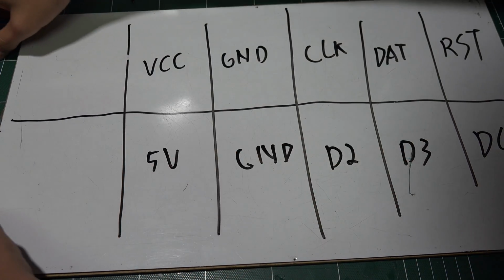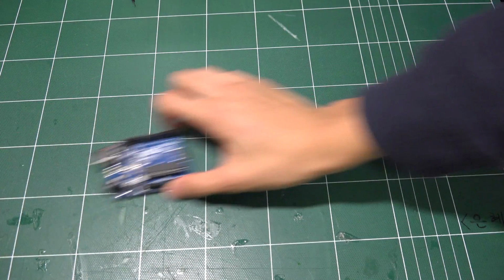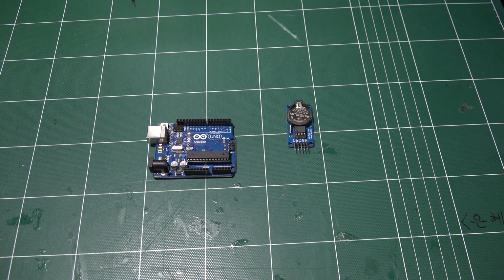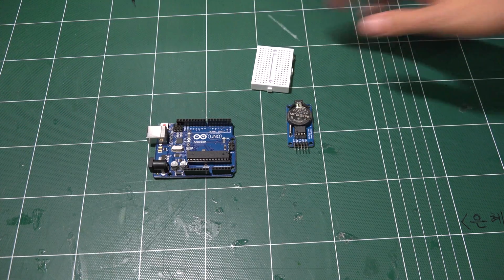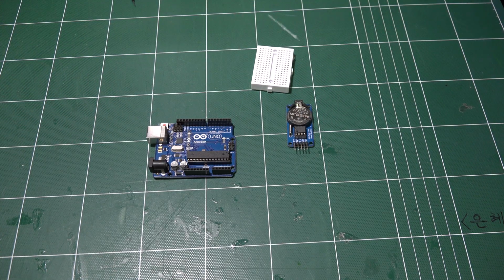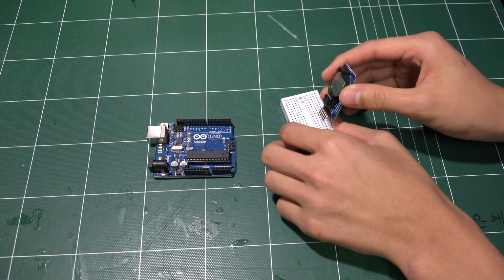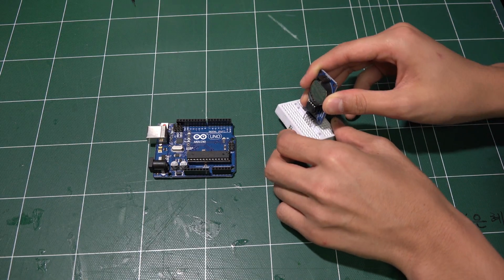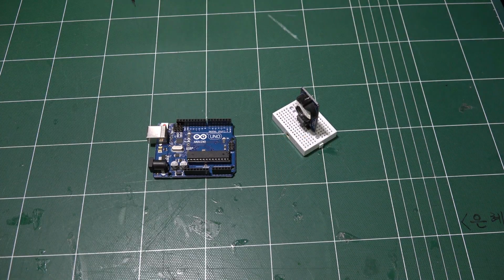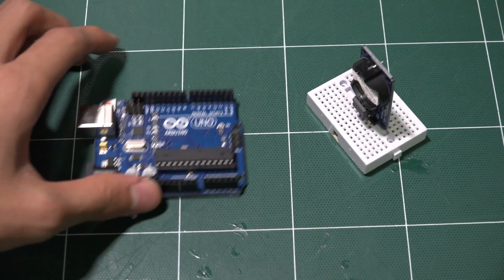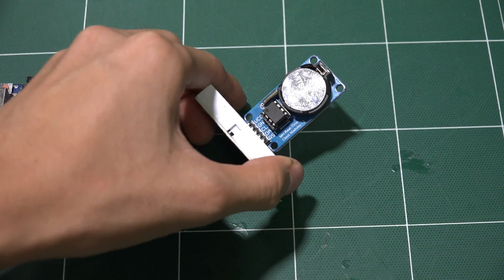So let's connect it. There is the Arduino, and there is the RST. In this case, I will just connect it on this breadboard. So I will put this on like this. Okay, and then there are many pins.